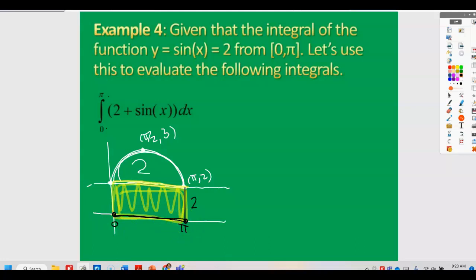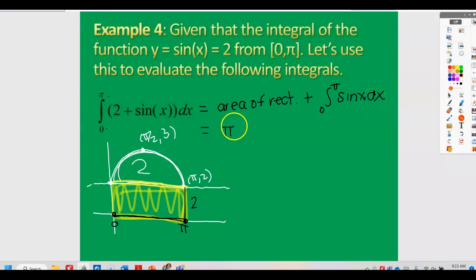So the area of a rectangle is base times height. The base length is pi, the height is 2. So this integral is like the area of the rectangle plus the given integral from 0 to pi of sine x dx.